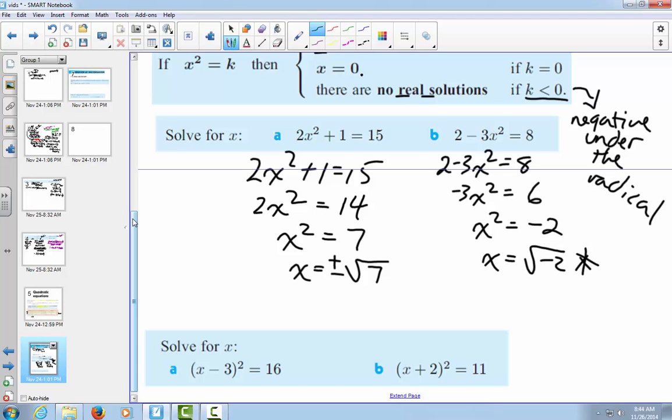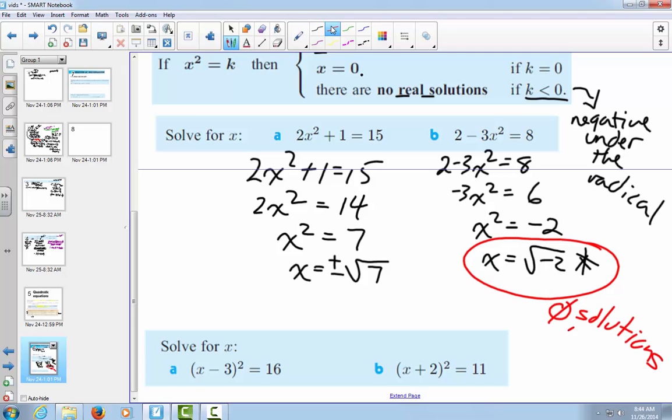Here it is. That's where the red flag comes up. 0 solutions, or no real solutions. That's the key. No real solutions. And why is that? Because we can't take the square root of a negative number.